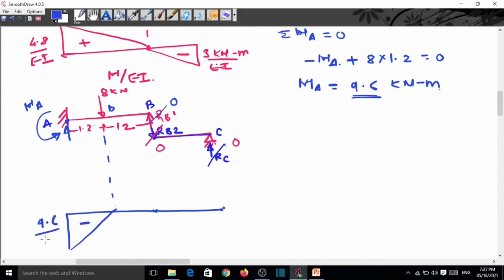Now here it is divided by EI, so this becomes the M by EI diagram. This is A, this is B, this is C, and now this is D. Now this is the BMD, M by EI, and this BMD we now apply on the conjugate beam.